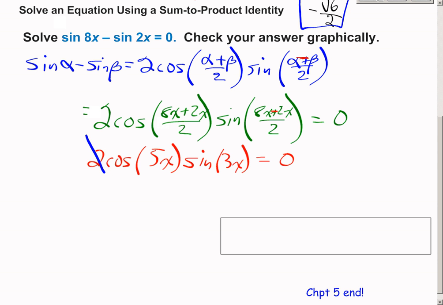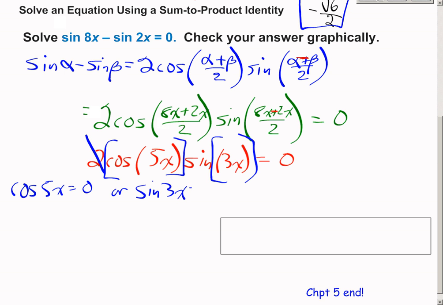And you might be thinking at this point, well, how does that help? But notice that we have a product now. And so we can apply the zero product property and say that cosine of 5x equals 0, or the sine of 3x equals 0.